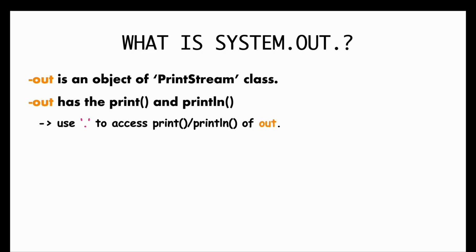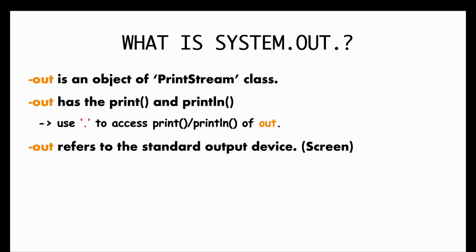So here, basically, out is an object instance of the PrintStream class, right? Because it is a class, it can have different methods defined in it. So the PrintStream class has print and println methods defined within Java's code. So when we want to access those methods, we'll use dot notation, right?